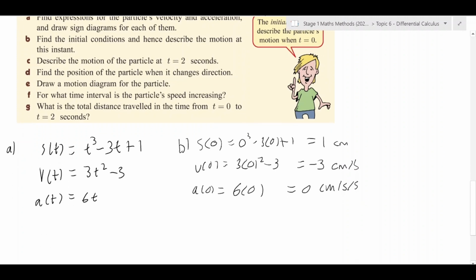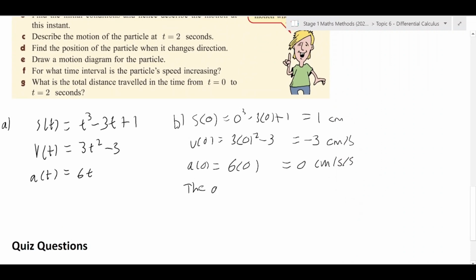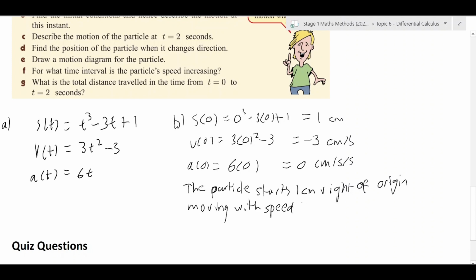So how do we describe this? What we can say is that the particle starts 1 centimeter right of the origin, moving with velocity 3 centimeters per second left.